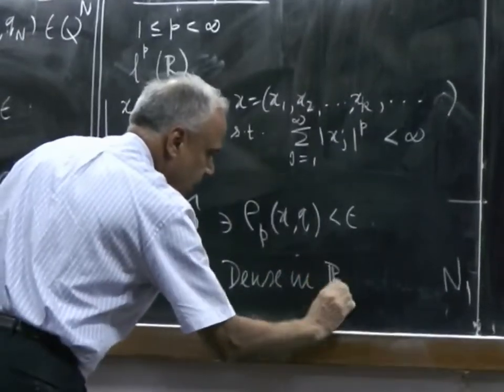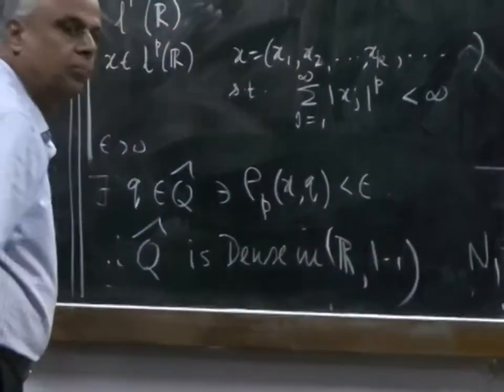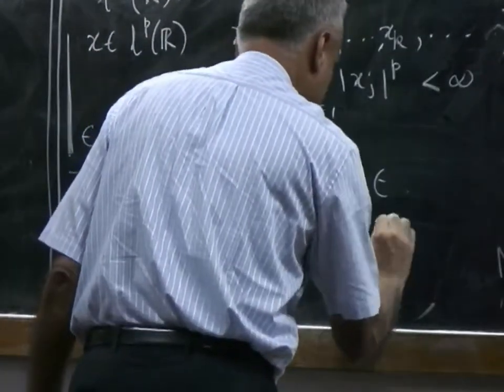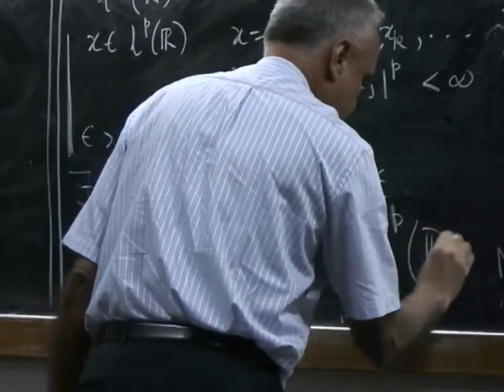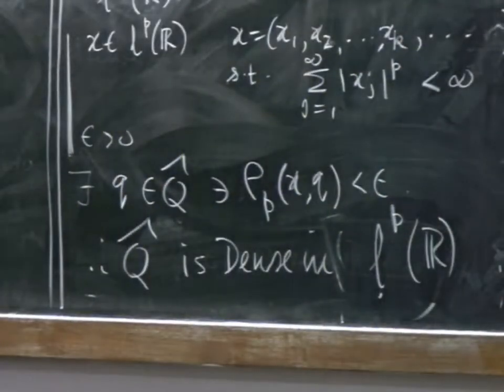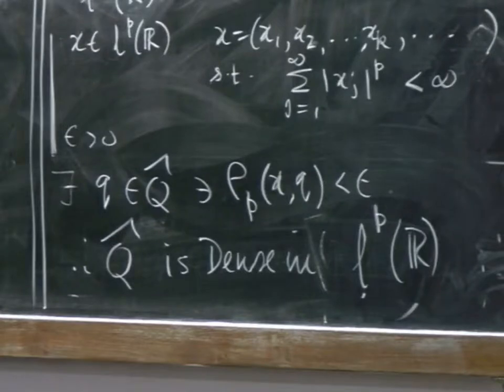I am sorry, in l^p of R. Is that clear? So now let us consolidate all the examples we have got. In the R case, we got one dense set which was Q. Q is countably infinite.